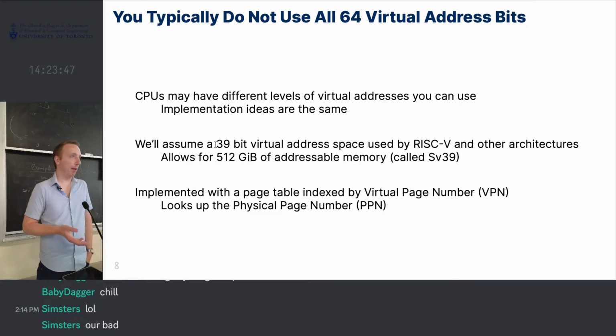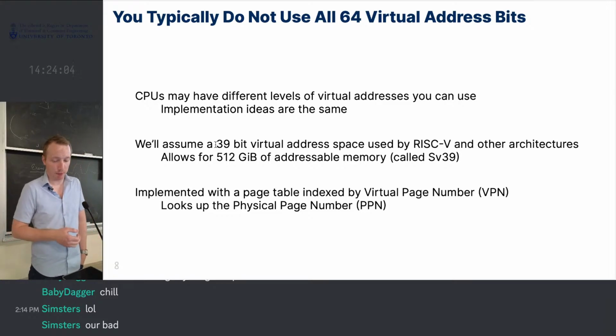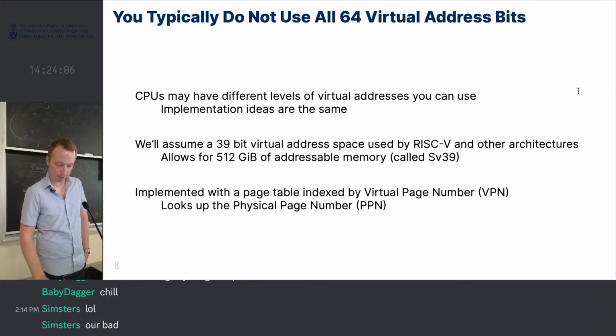And a 39-bit virtual address means we can address up to 512 gigabytes of RAM per process. So at least right now, that seems to be enough memory. Maybe in like 2 years, Chrome is going to require more than that, but I guess we'll see.